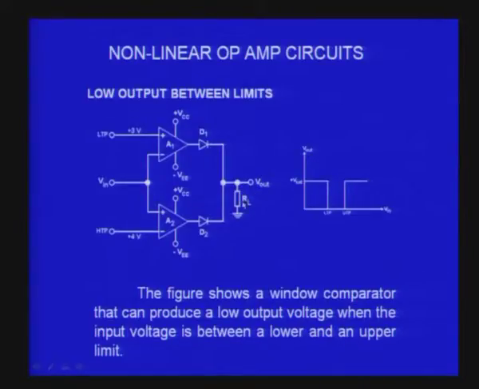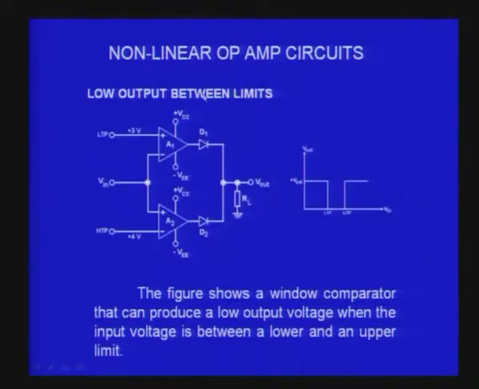So, this is a very simple circuit where you have two operational amplifiers used as comparators, and you choose two of the inputs for the two op amps as LTP and UTP. The other two free inputs are connected and given to the input. The outputs of both the op amps are connected through diodes, and that is the output that we monitor.